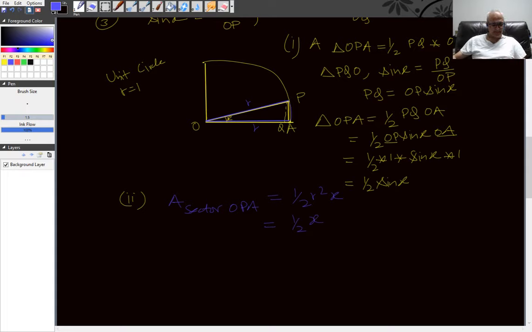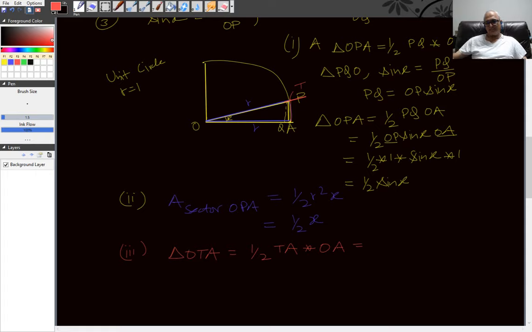And the third thing is we extend this a little and drop a perpendicular. This is T. So the area OTA is half TA multiplied with OA.